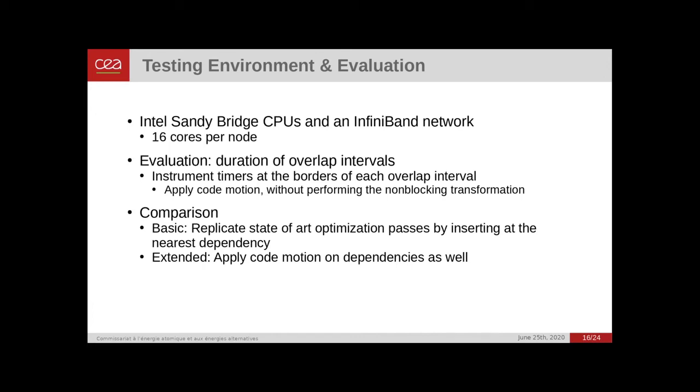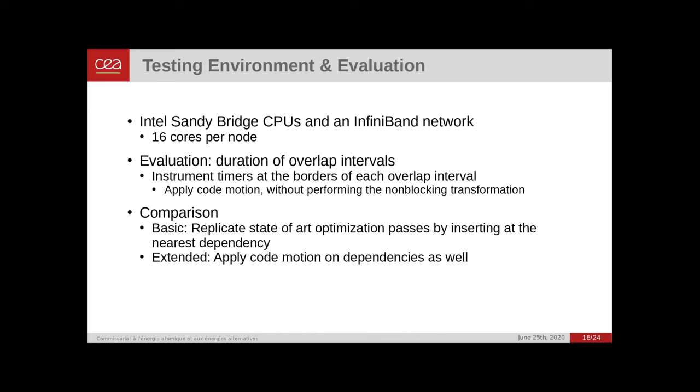So we still have our overlapping window with all the code motion, but we did not transform the blocking code into its non-blocking form, so that we can avoid any issues related to the quality of the implementation of MPI non-blocking codes, for example, the quality of the progression thread or progression mechanism, or the overhead that can be caused by overlapping the non-blocking codes, since our objective is to measure the overlapping potential that we can get or not.